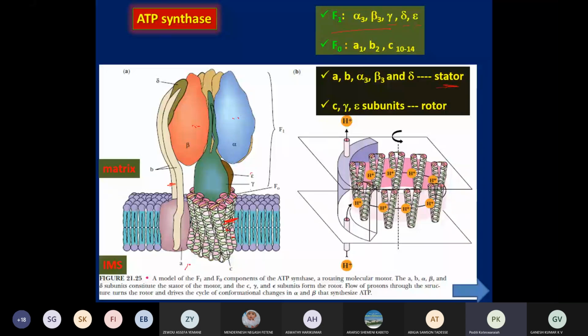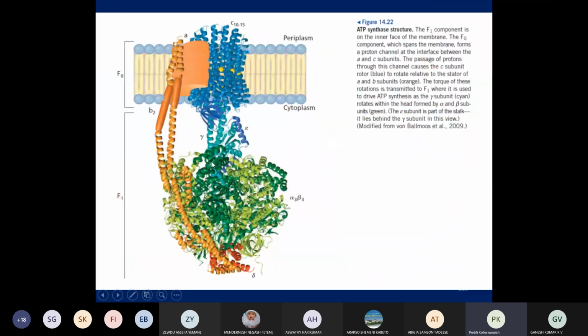When protons from the intermembrane space pass through this F0 subunit, between the A and the C subunit, the rotor rotates. That brings a conformational change in the stator, especially in the beta subunit, which has the ATPase activity.